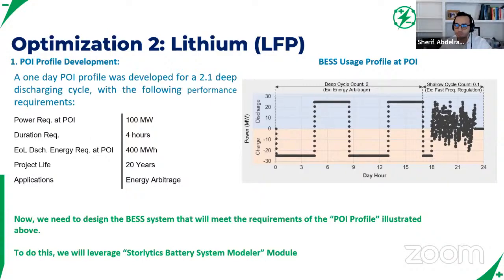Now we're doing a different type of use case, 2 cycles a day. You're doing deep discharges, and then you have 1 or 0.1 cycle doing very rapid charging and discharging, which is indicative of frequency regulation. So with a use case like that, what becomes your optimal battery choice?